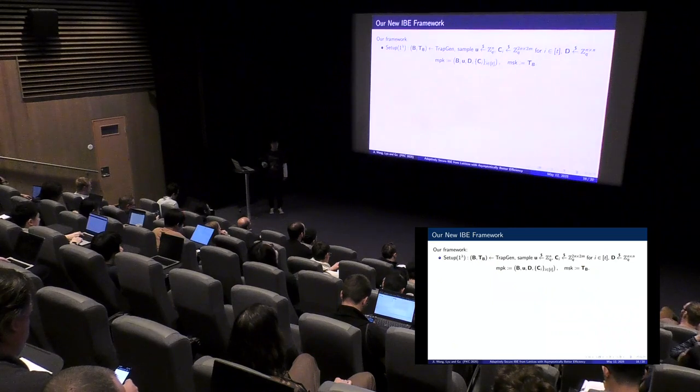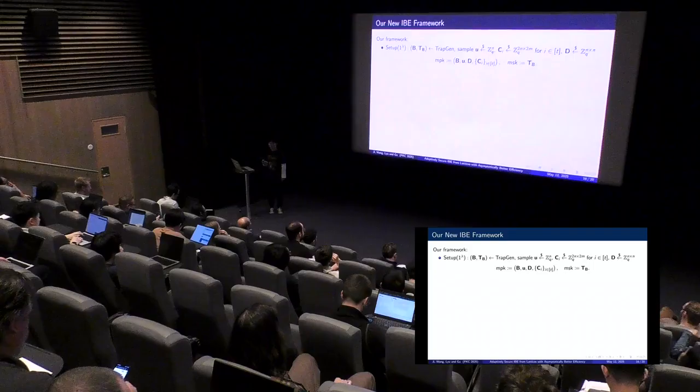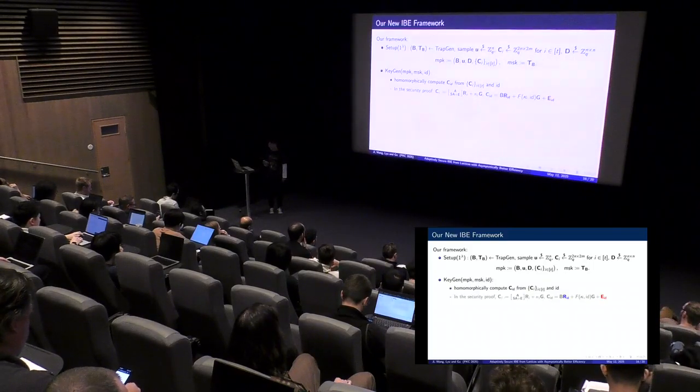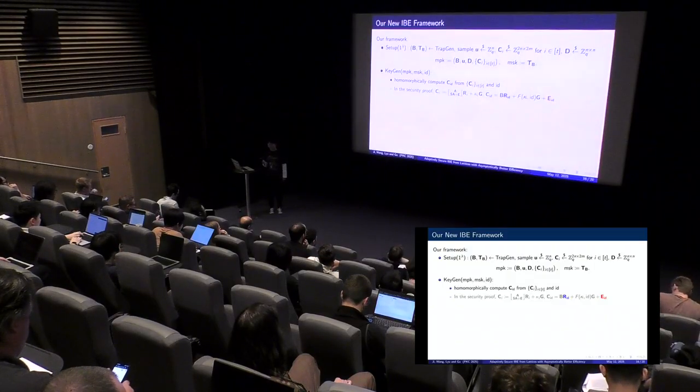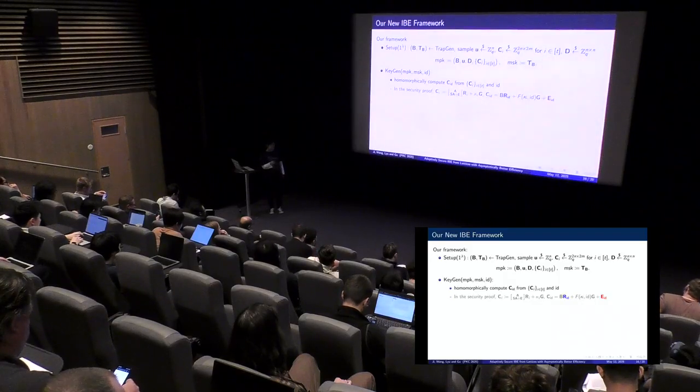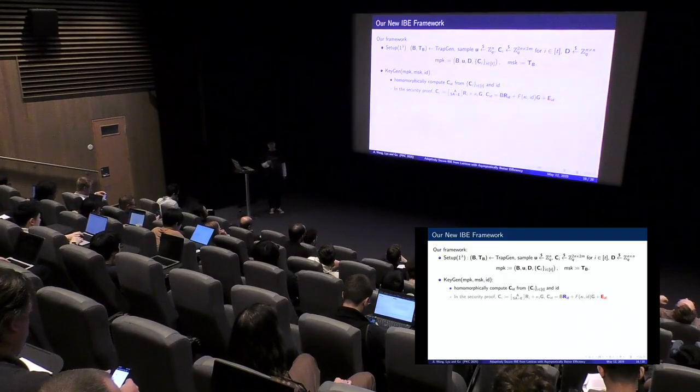Putting everything together, we show our new IBE framework. In the setup, we need to add an additional square matrix D. And in the keygen, we use the GSW encryption form as the CID, and we get the CID equals BID plus FIDG plus EID, where RID is small norm, but EID is large norm.